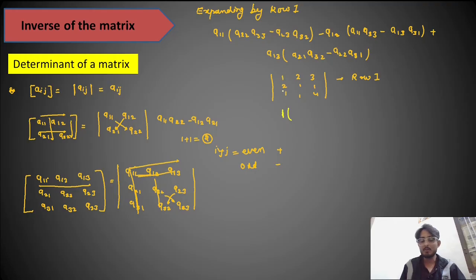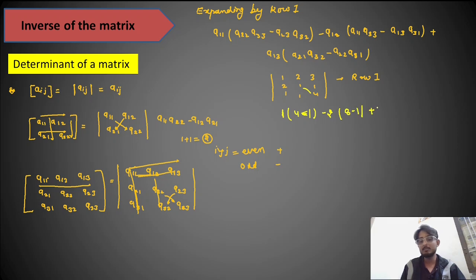You will get 1 1, 1 4. So multiply 1 into 4, 4 ones are 4, minus 1 one is 1. Then we take element 2 with a minus sign, eliminate its row and column, and get 2 1 and 1 4. 2 fours are 8 and 1 one is 1, so 8 minus 1.